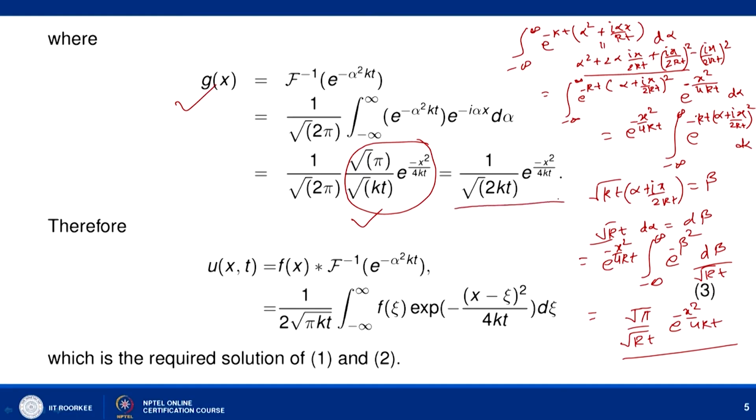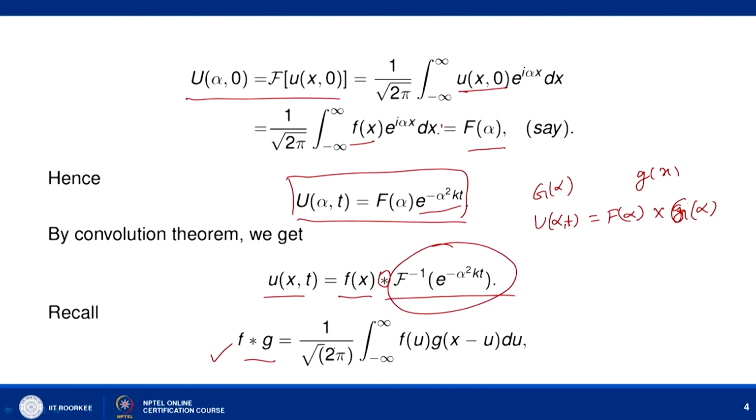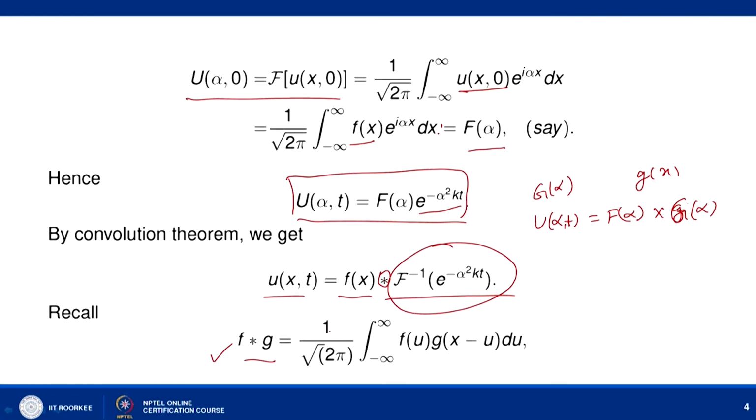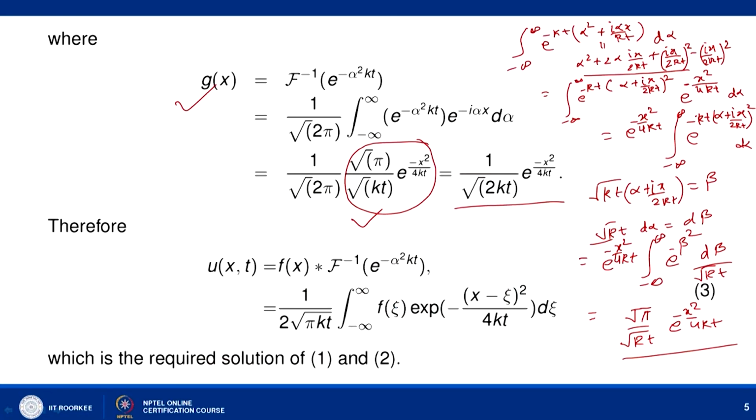Now, our solution is what? F convolution g of x. Now, using the formula that f convolution g is given as 1 upon root 2 pi, integral from minus infinity to infinity f of u g of x minus u d of u. So, here we can write this as 1 upon root 2 pi, and here we have one under root 2 pi here and one root 2 kt here.